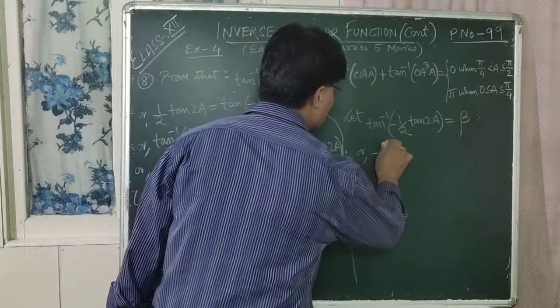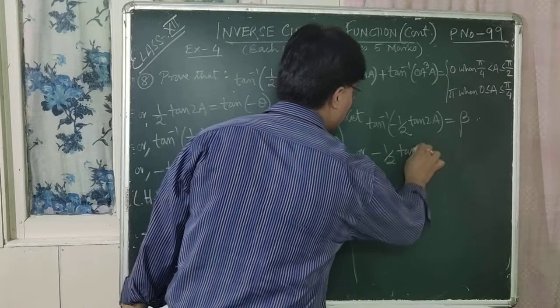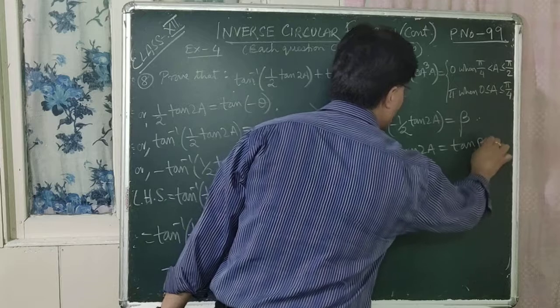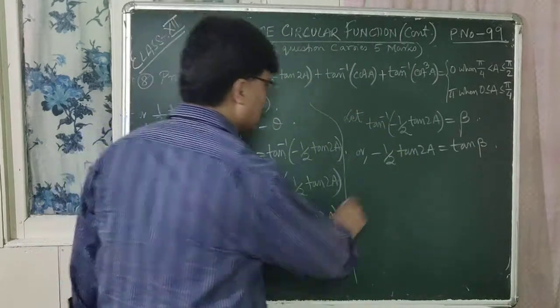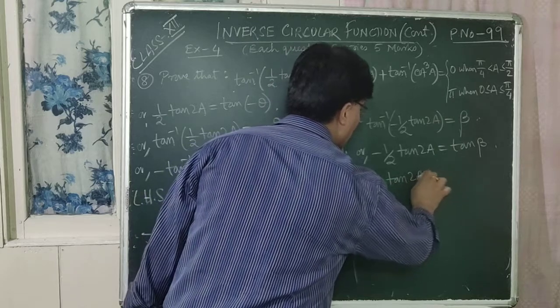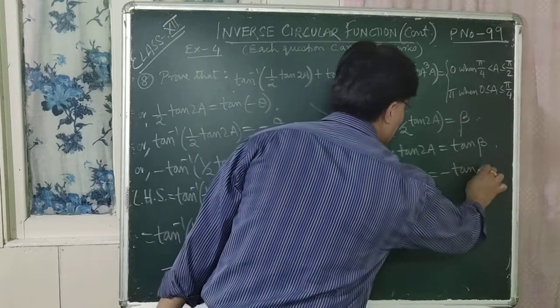So it becomes minus half tan 2a is equal to tan beta. Or half tan 2a is equal to minus tan beta.